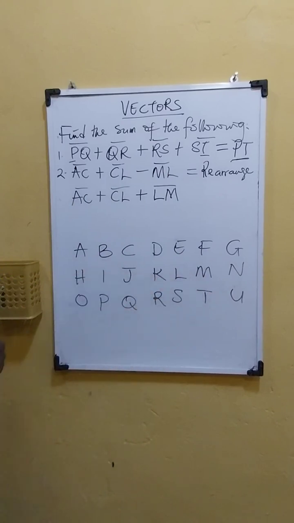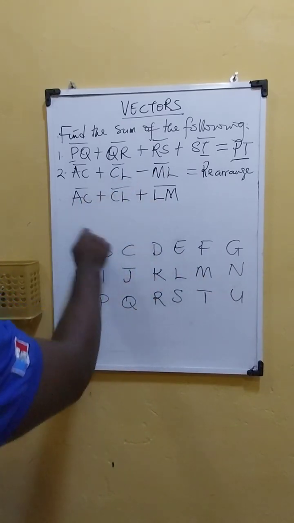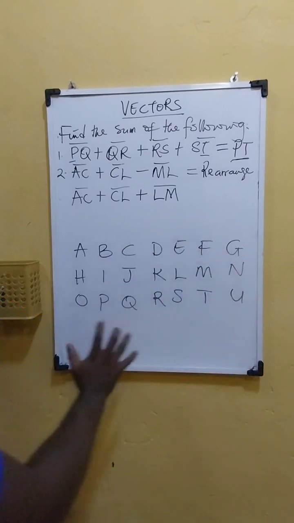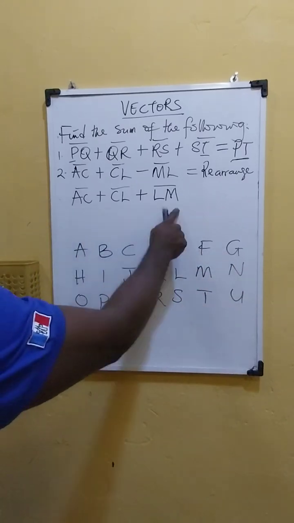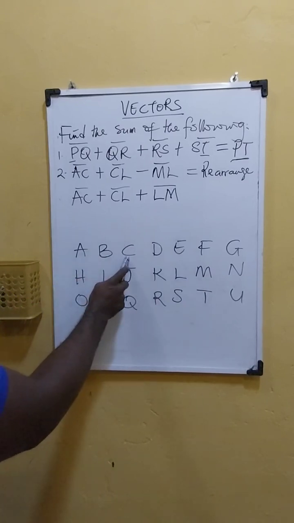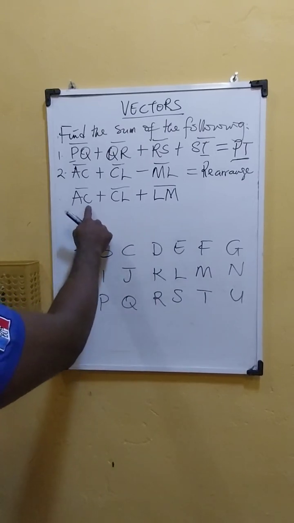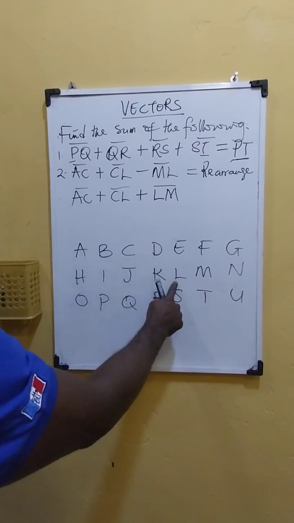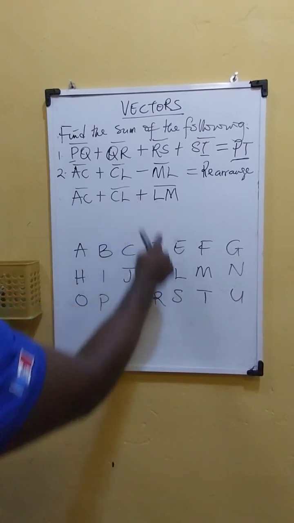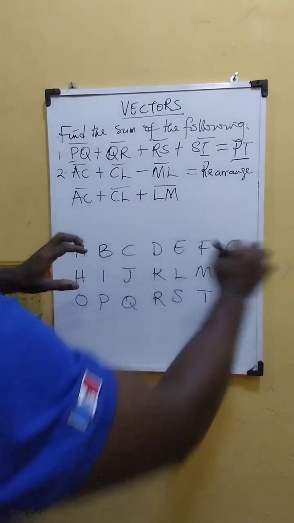But then you have to look at the arrangement in alphabetical order to see if they are actually in order. So you have A, C. Good. Then you have C, L. That's good to go. Then you have L, M. So it goes in order.